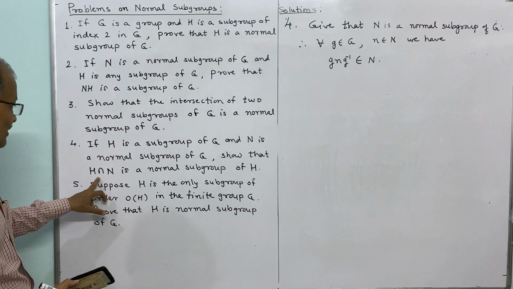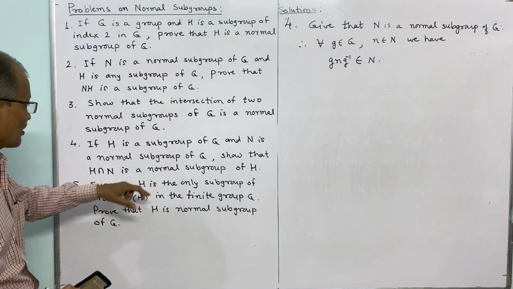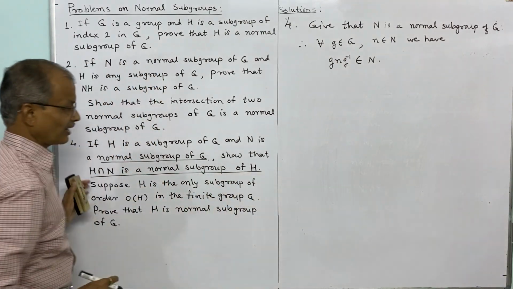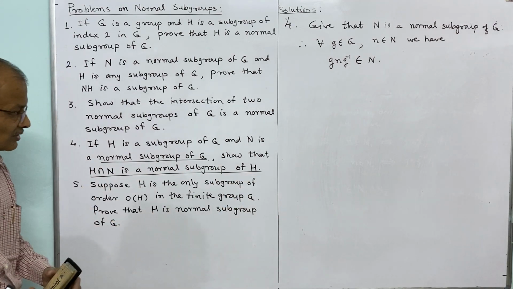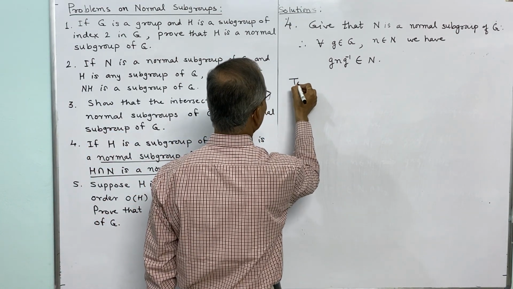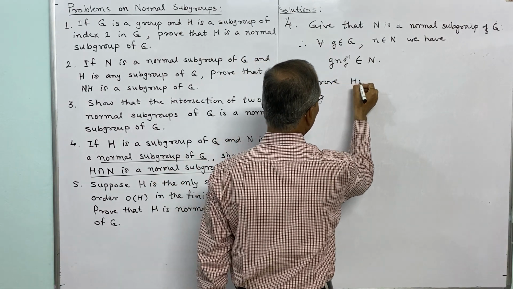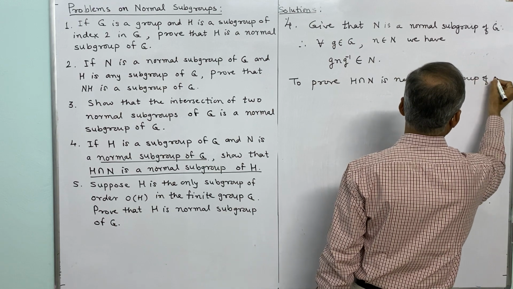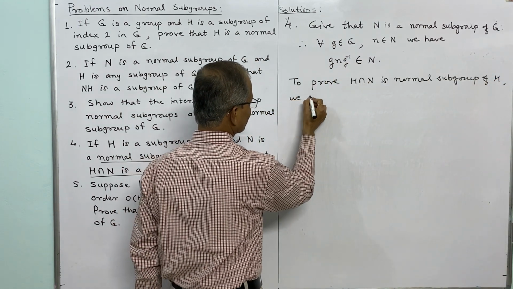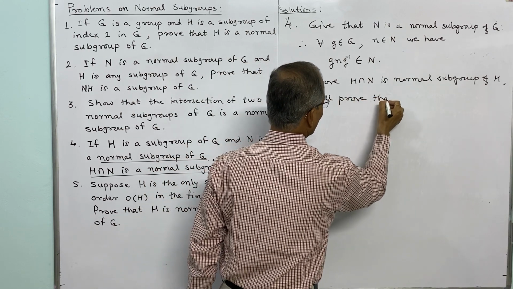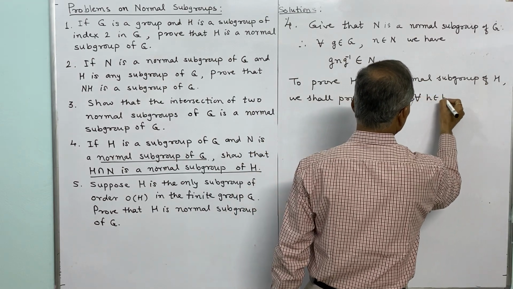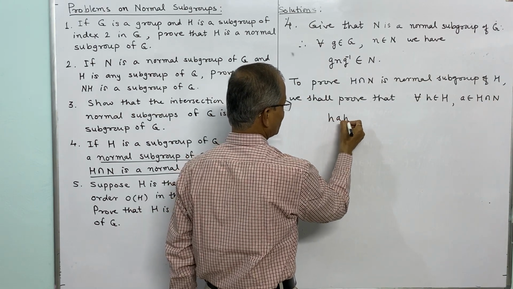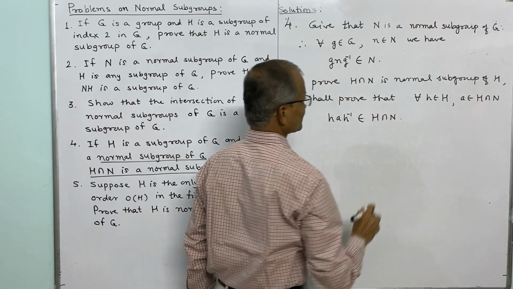Now we shall consider an element in H. We have to show H intersection N is normal in H. N is normal in G, and now we consider H intersection N as a subgroup of H. To prove H intersection N is a normal subgroup of H, we shall show that for all h belongs to H, a belongs to H intersection N, h a h inverse belongs to H intersection N. So this we shall show.